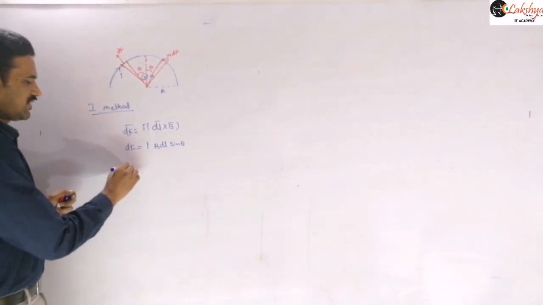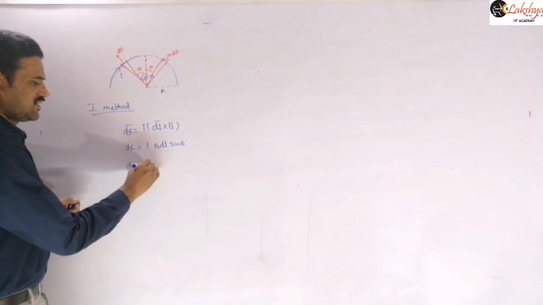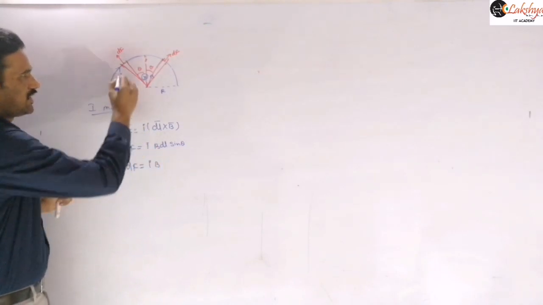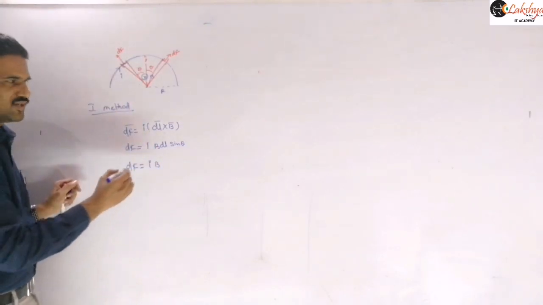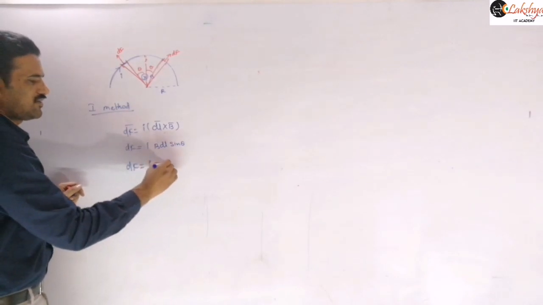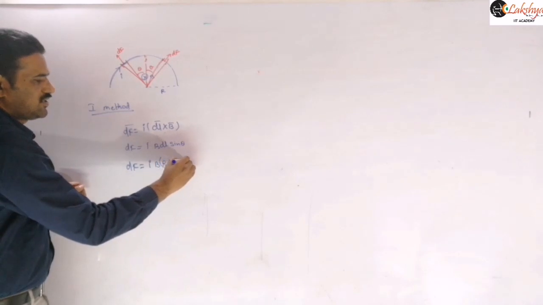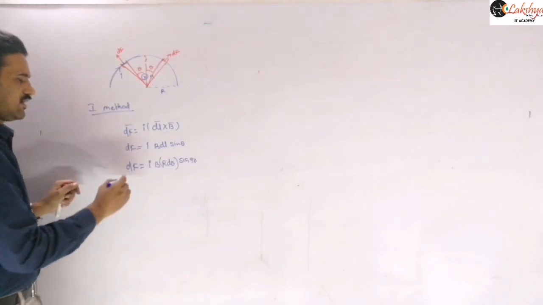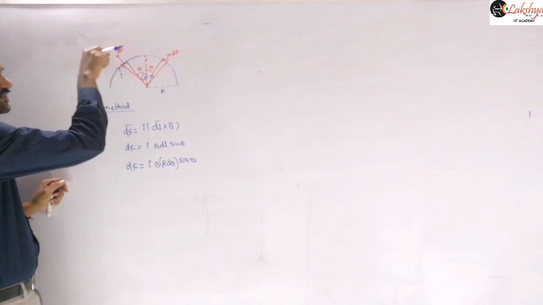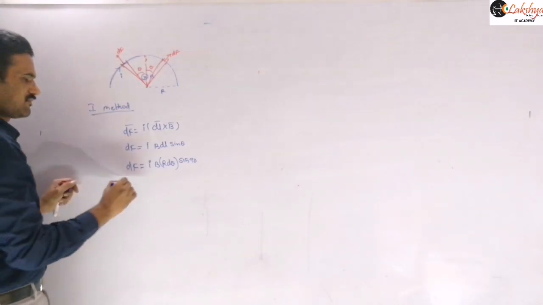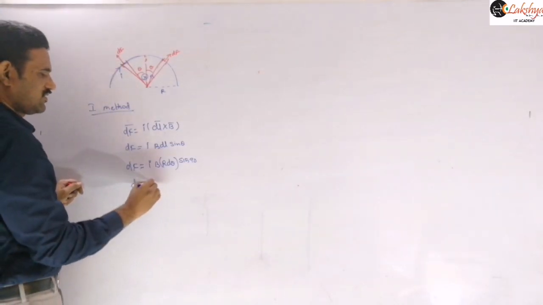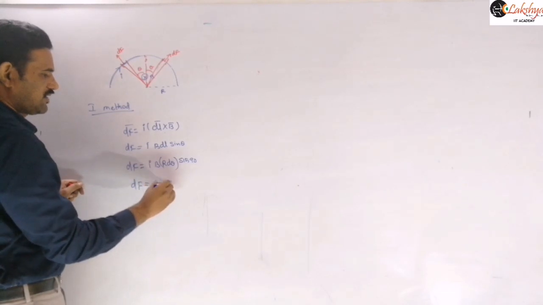Now I am applying it to this case. Here dF is I into B into dl, where dl means the length of this arc, which we can write as r d theta, into sin 90, because dl bar is along this direction and B bar is into the plane. Therefore dF is equal to B I r d theta.